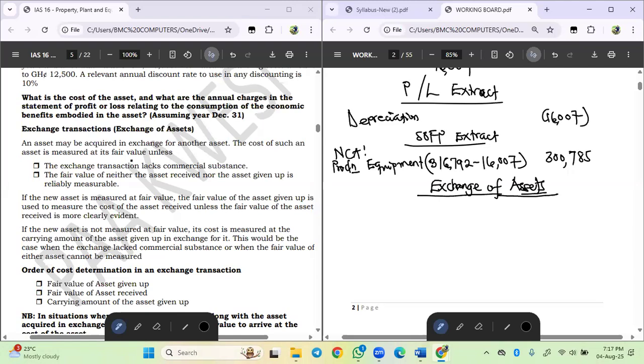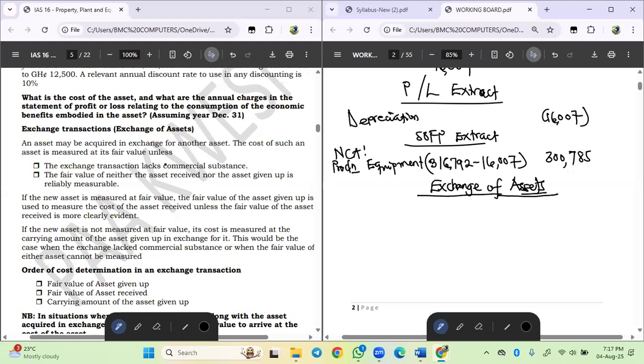Okay, so this fair value thing is a whole standard on its own because it cuts across almost all the standards. So we are saying that you use the fair value unless that particular transaction lacks commercial substance, meaning you have no active market or you cannot use any particular price as benchmark.